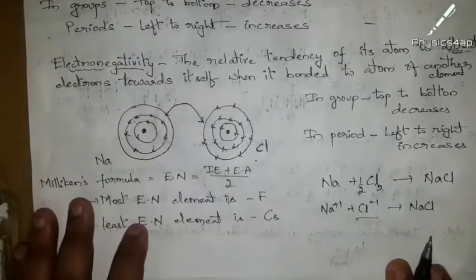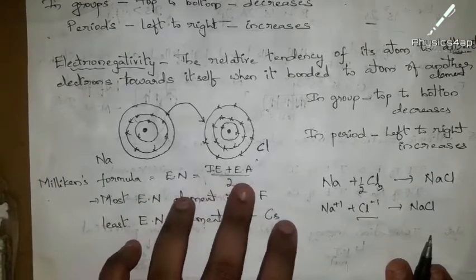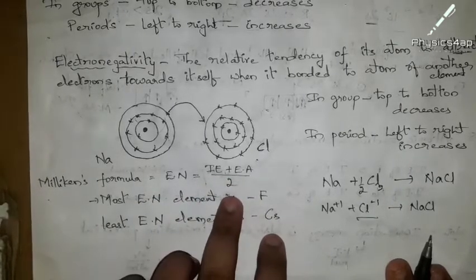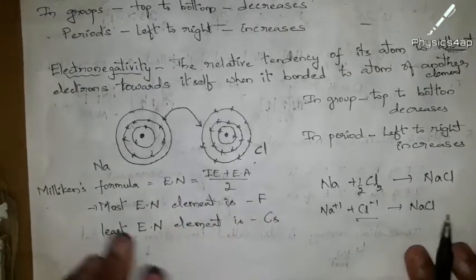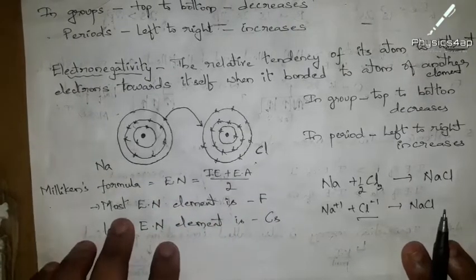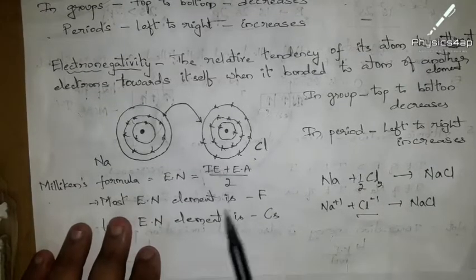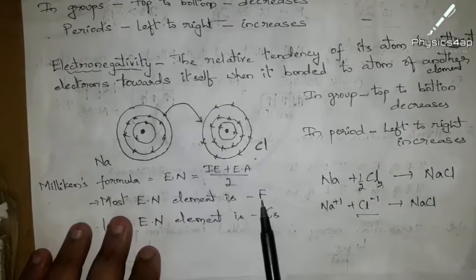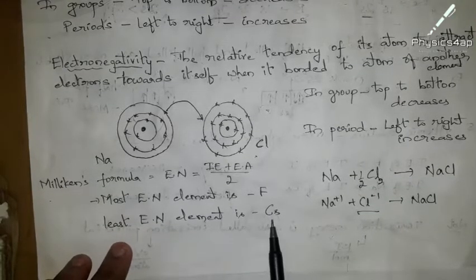And for competitive exams, you may get that the most electronegative is fluorine, and the least electronegative is cesium. In groups from top to bottom it decreases, and in periods from left to right it increases, which is the same as for the ionization energy and also for the electron affinity.